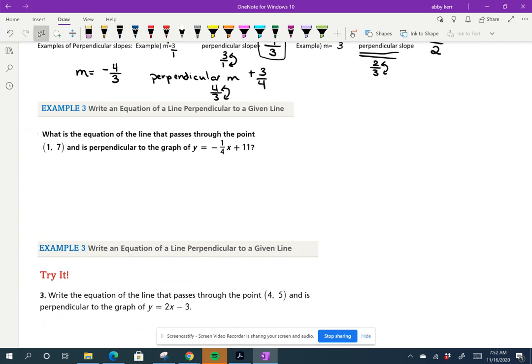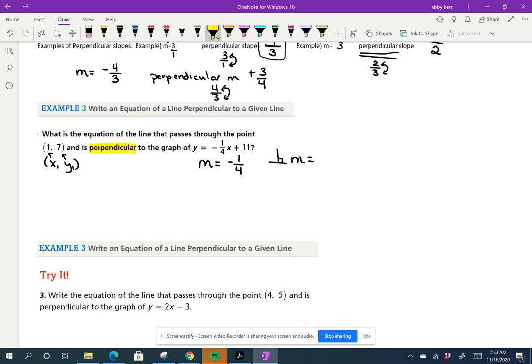Now, for example 3, it says write an equation of a line perpendicular to a given line. So we have our x1 and our y1, but this is the important part. We have m equals negative 1 over 4. Now perpendicular, how you can write perpendicular is kind of like an upside down T with a right angle. So I'll do that for perpendicular slope instead of rewriting it.